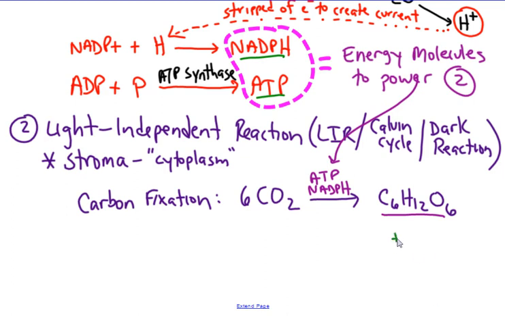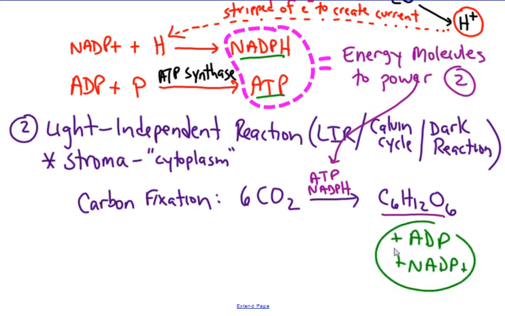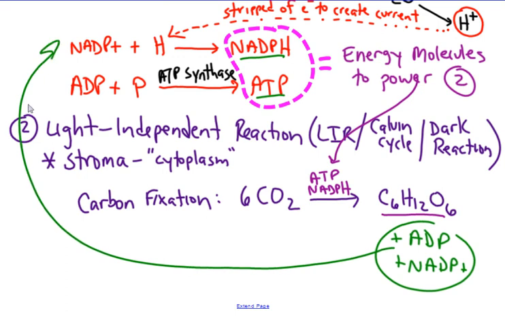So what ends up happening is we end up having those lower energy forms as products as well, and they are simply going to be sent back to step 1. They're going to be sent back to the thylakoid to continue on that process. So we can always have energy for step 2.